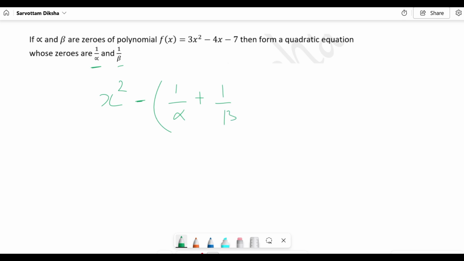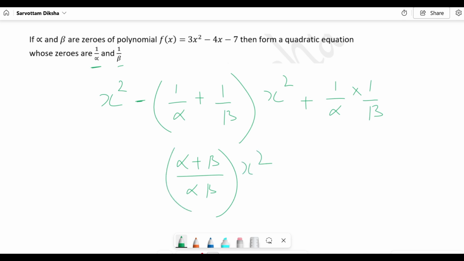These are my new roots, so definitely I have to write 1 by alpha and 1 by beta. X square minus, this is plus 1 by alpha into 1 by beta. Now here I can take LCM, alpha plus beta over alpha beta, x square minus x plus 1 by alpha beta.